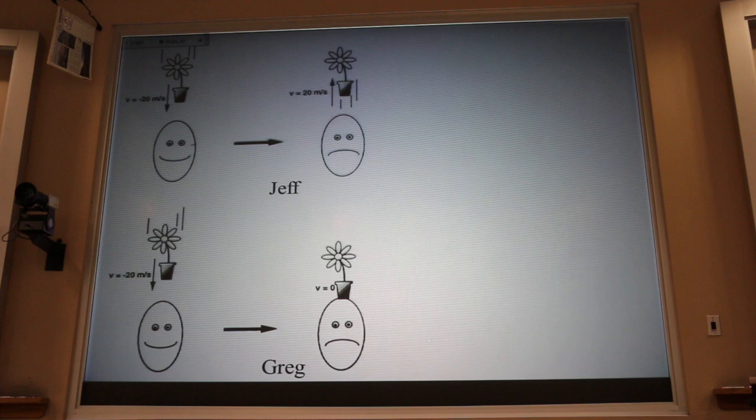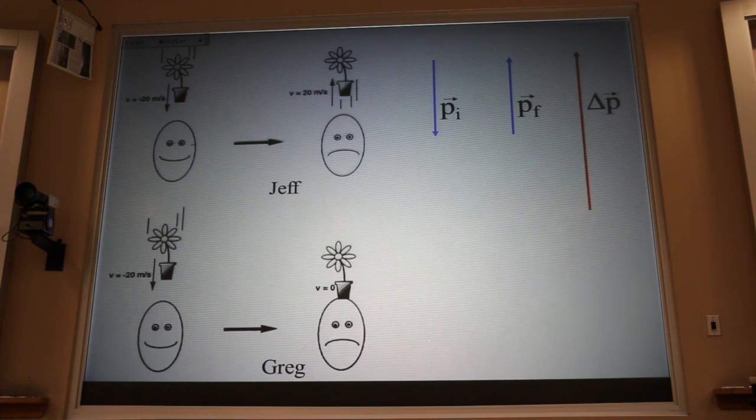Now if we go back to my example, in the case of Jeff, that flower pot bounces. And that means the change in momentum is twice the magnitude of the initial momentum. If I look at the case of Greg, it stops. And that means the change in momentum is the same magnitude as the initial momentum.